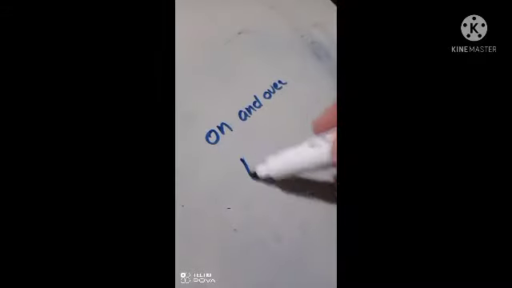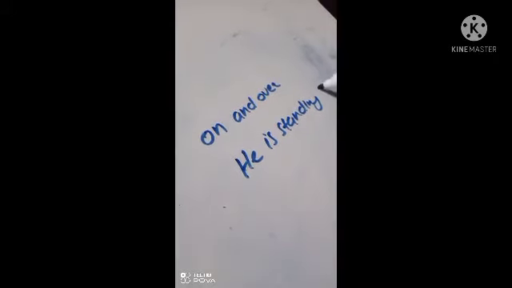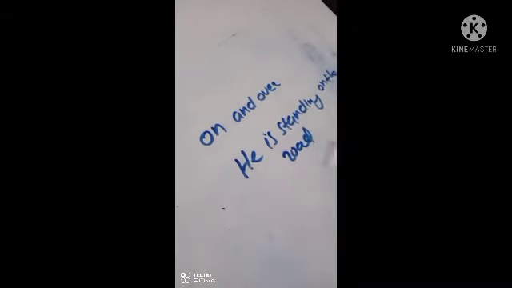Okay, and the next time, "on" is used where "on" denotes actual contact with some object. For example, he is standing on the road, while "over" does not do so.